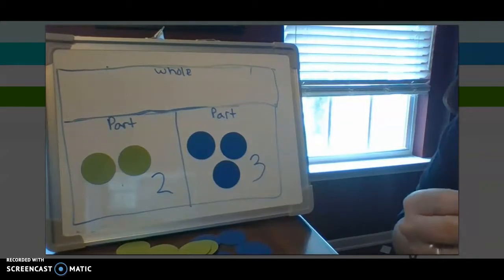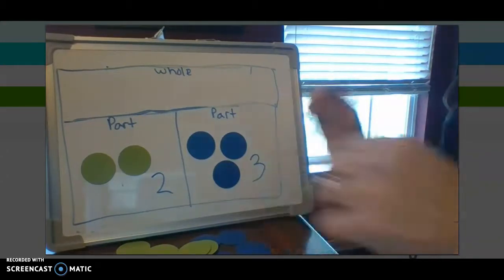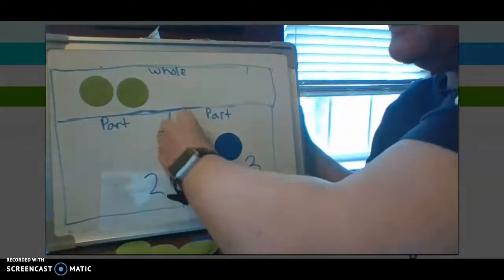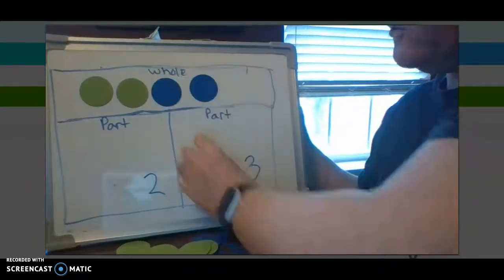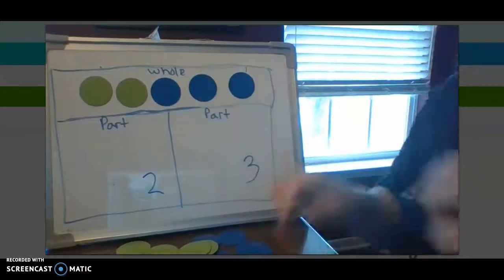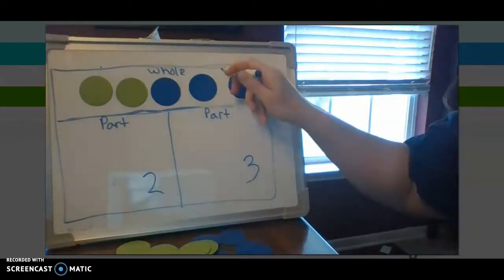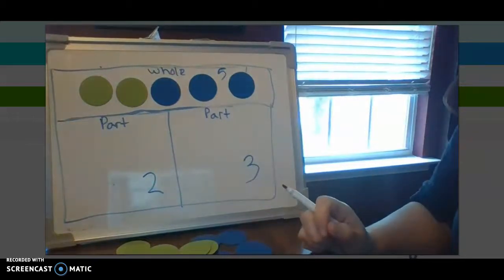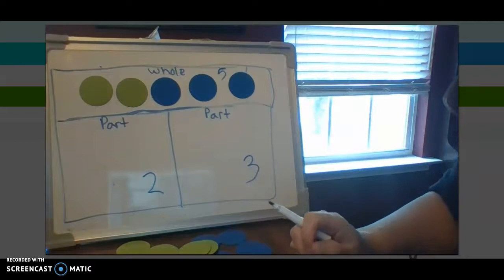How many pencils do I have all together? I'm going to move them up here. 1, 2, 3, 4, 5. So 2 and 3 makes 5. You see how easy that is too, to help you kind of visualize it?